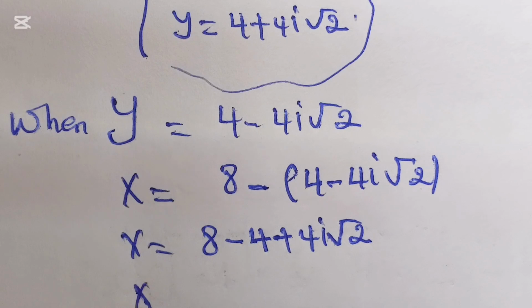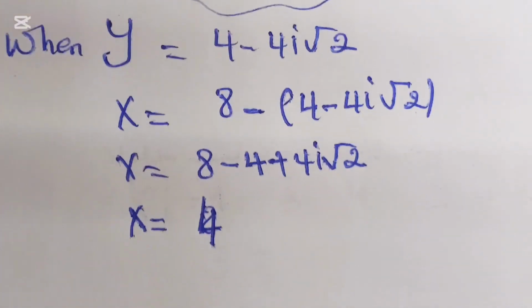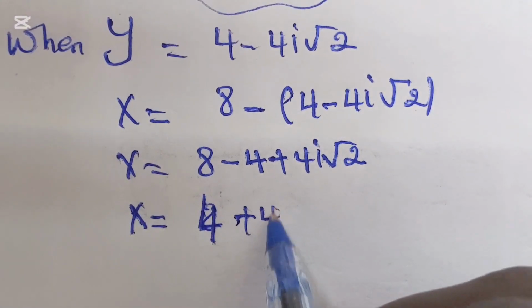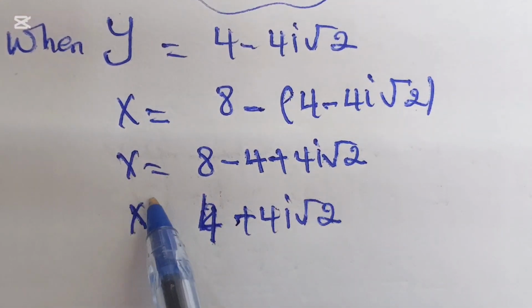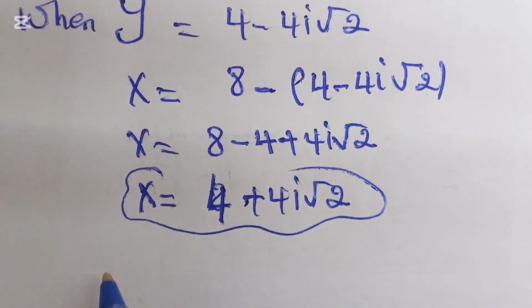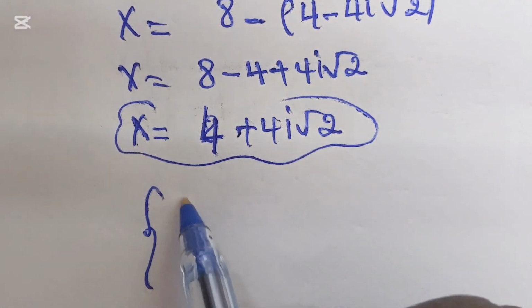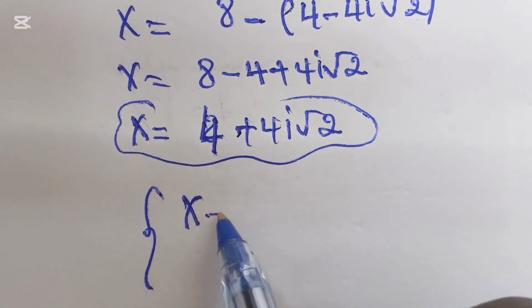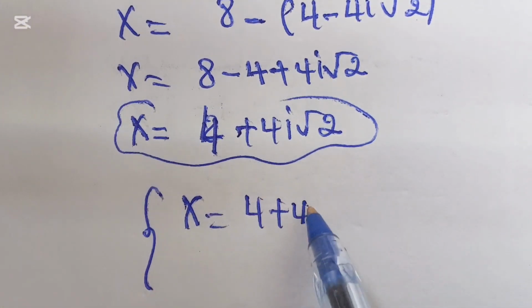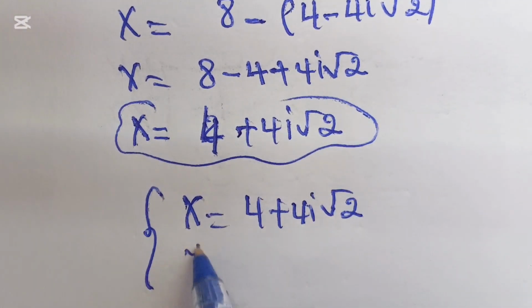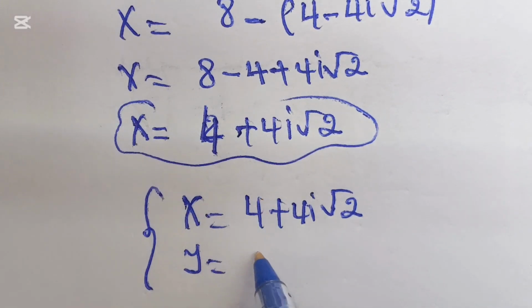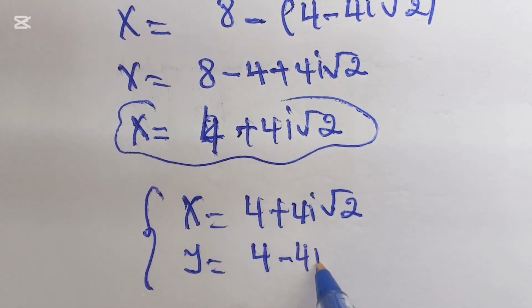Then x will be equal to 4 plus 4i square root of 2, right? So the other one is x equal to 4 plus 4i square root of 2 when y equals 4 minus 4i square root of 2.